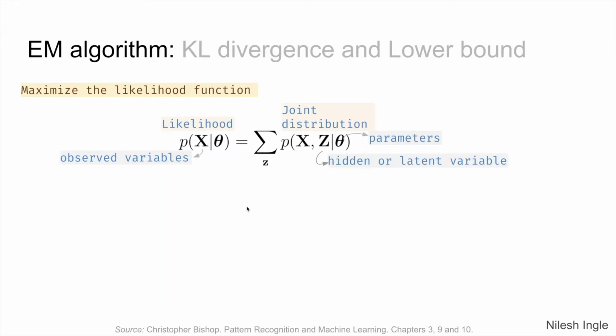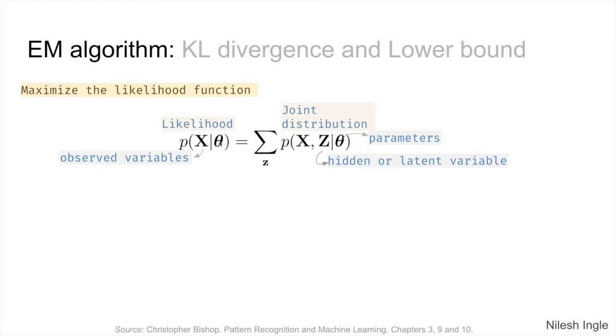Next, let's look at the terminologies that we will come across when looking at the expectation maximization algorithm. The terminology is KL divergence and lower bound. In expectation maximization, what we are trying to do is maximize the likelihood function P of x given theta.